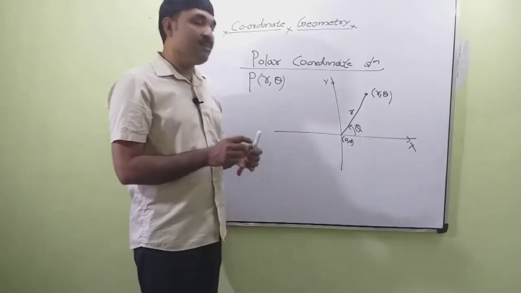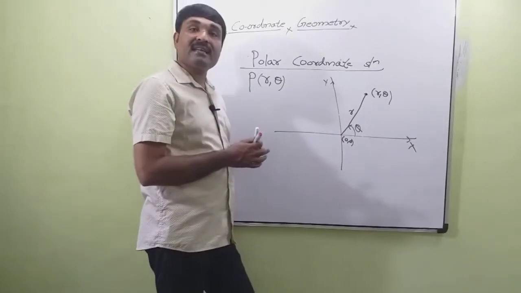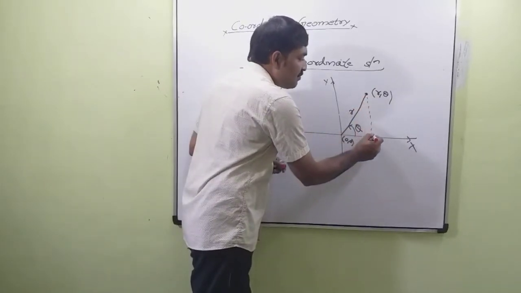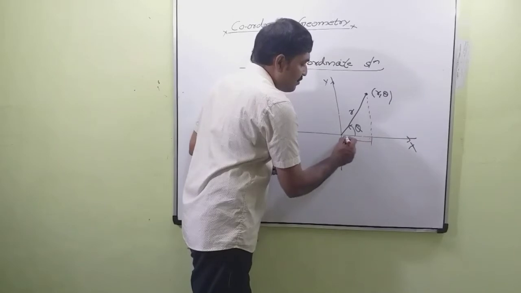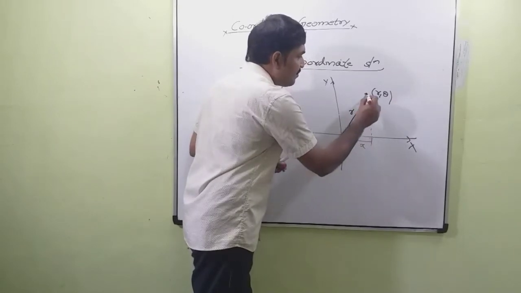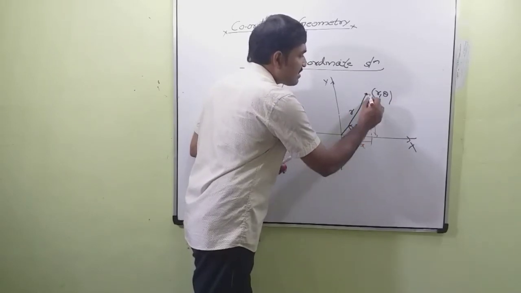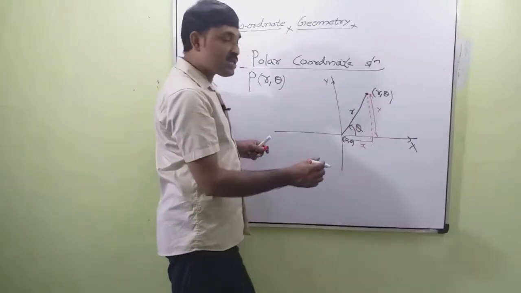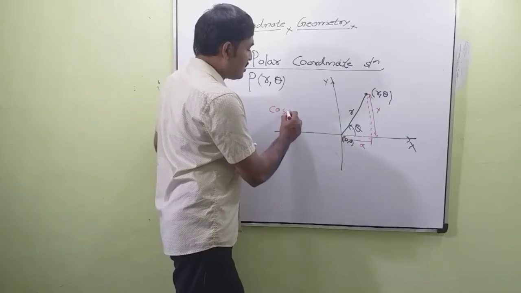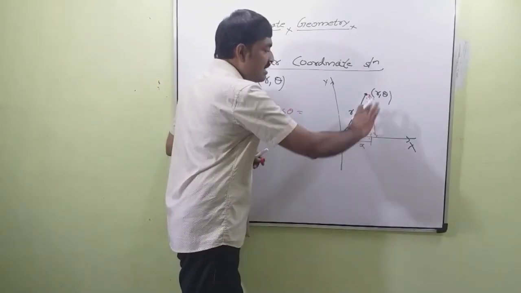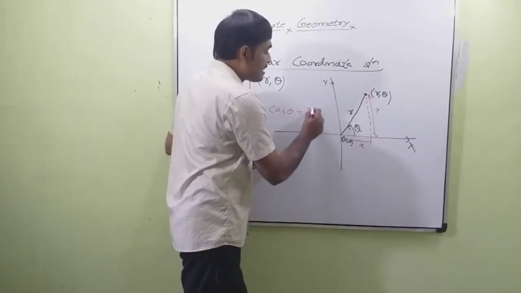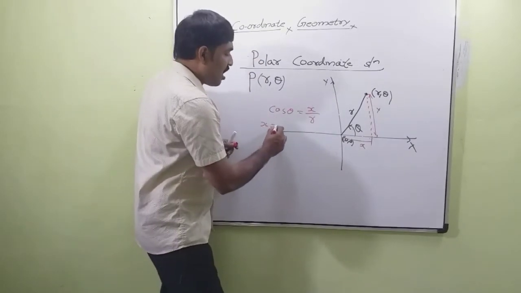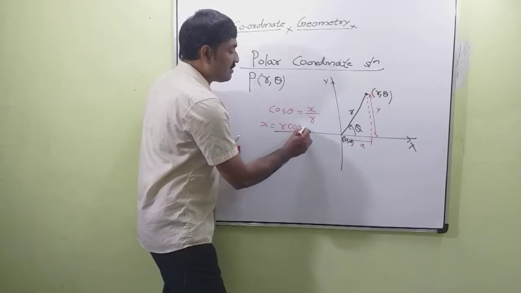Now what is the relation between polar coordinates and Cartesian coordinates? In Cartesian coordinates, this distance is represented by x, and this distance is represented by y. What is the value of cos theta? cos theta is equal to x by r, so x is equal to r cos theta.